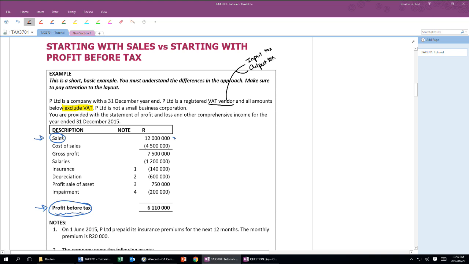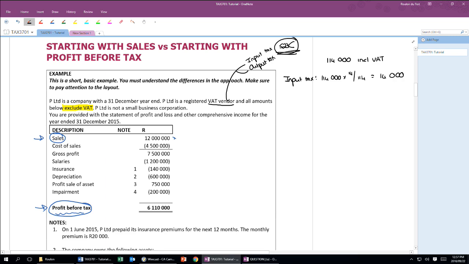Now, why is this important when we're looking at an income tax question? Because there's a section in the Income Tax Act called Section 23C. It's not very important for you to remember the section number right now, but Section 23C says that if you had an amount, so let's say for example I've purchased inventory at a cost of 114,000 rands including VAT, my input tax that I'll be able to claim on that is 114,000 times 14 over 114, so 14,000 rands.